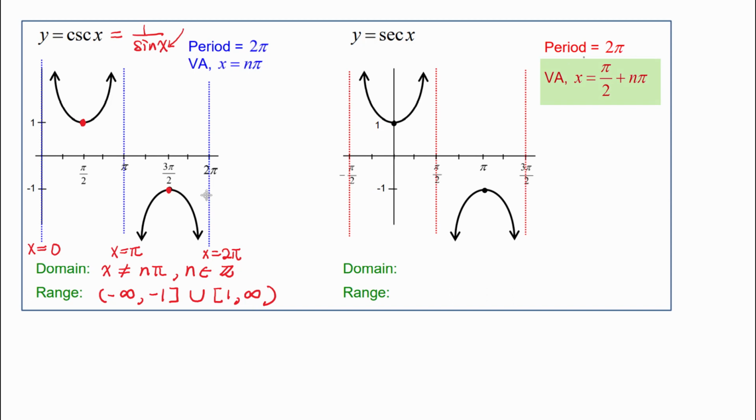So again, the period is 2 pi, and vertical asymptotes will occur since y equals secant x is 1 over cosine x. You will have vertical asymptotes every time cosine x is 0. And as you know, cosine starts from the maximum value at (0, 1), and then it's 0 at pi over 2, and it is minimum negative 1 at pi, and then it is 0 again.